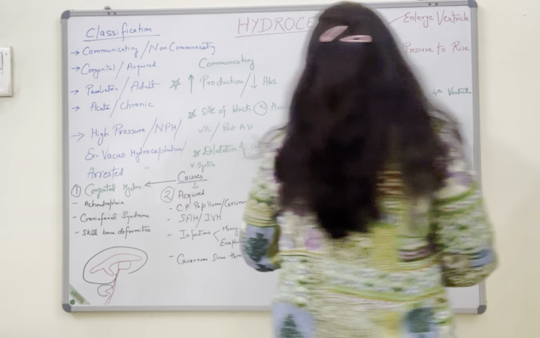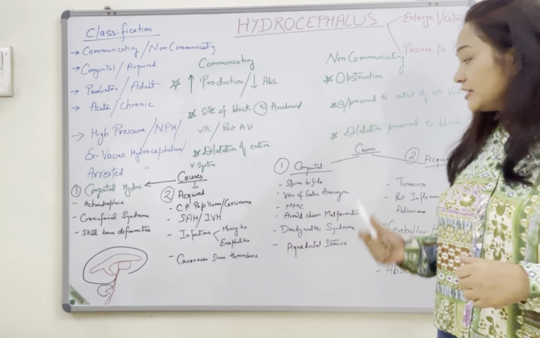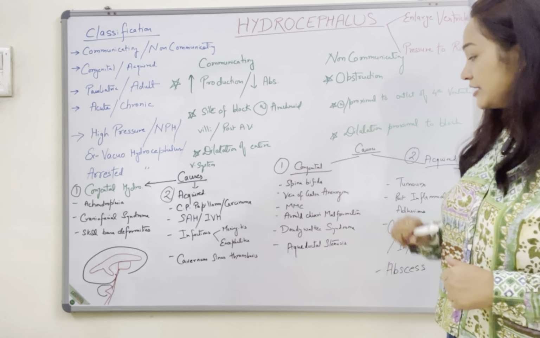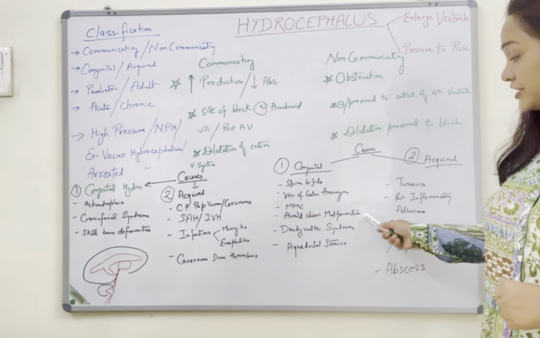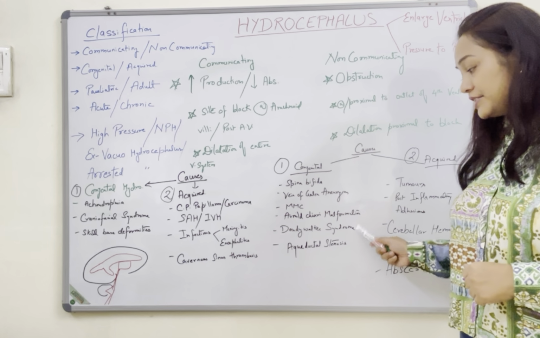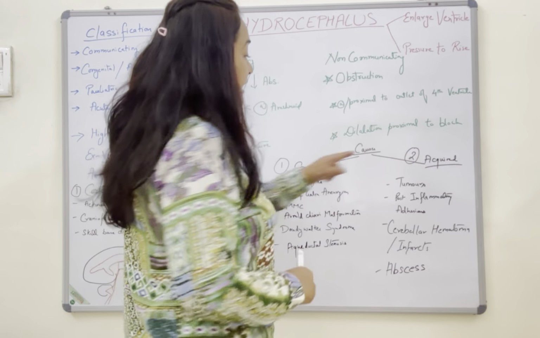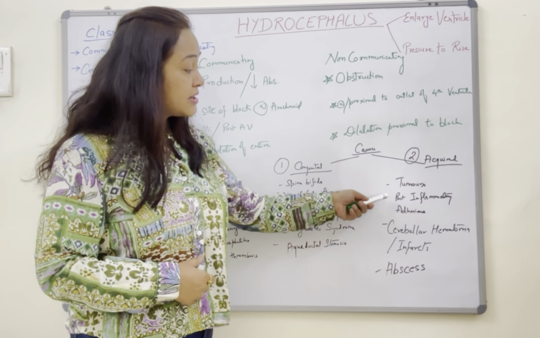Let's see about non-communicating hydrocephalus. The causes are also divided again into congenital and acquired causes. In congenital, there may be spina bifida, vein of Galen aneurysm, meningomyelocele, Arnold-Chiari malformation, Dandy-Walker syndrome, aqueductal stenosis. I have already mentioned it, right? And in acquired causes, the tumor may be the cause.